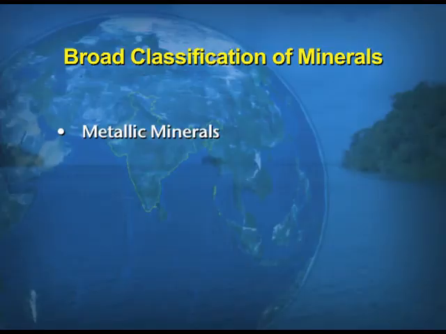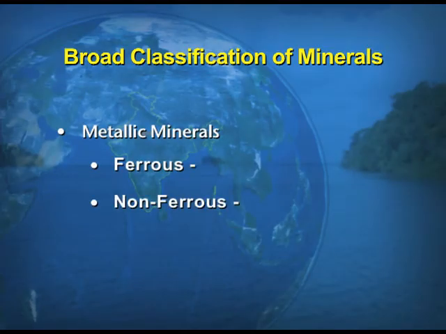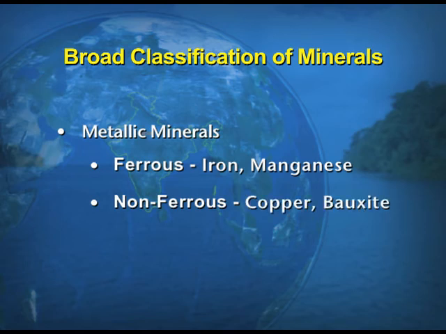Metallic minerals are further divided into two types, ferrous and non-ferrous. The examples for the ferrous, which has iron content, are iron and manganese, and the non-ferrous, copper, bauxite. And lastly, we take up the non-metallic minerals, which are further divided into two types.